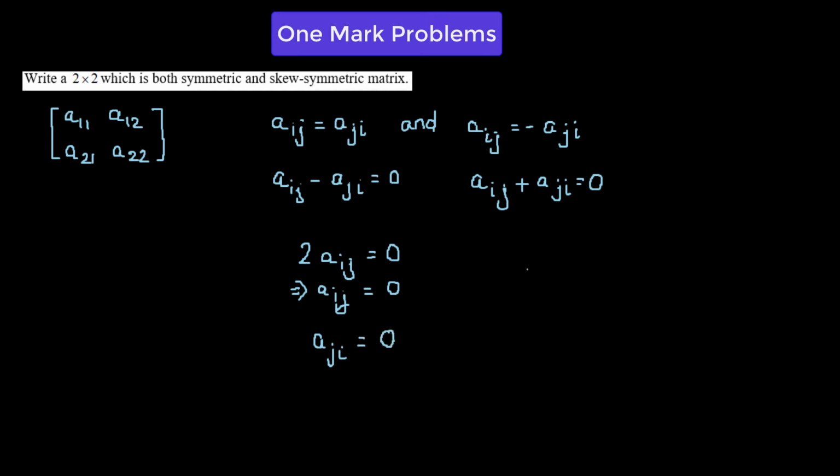So that would mean each of the elements must be 0, and this will give us a matrix which is both symmetric and skew-symmetric. So a 0 matrix is a matrix which is both symmetric as well as skew-symmetric.